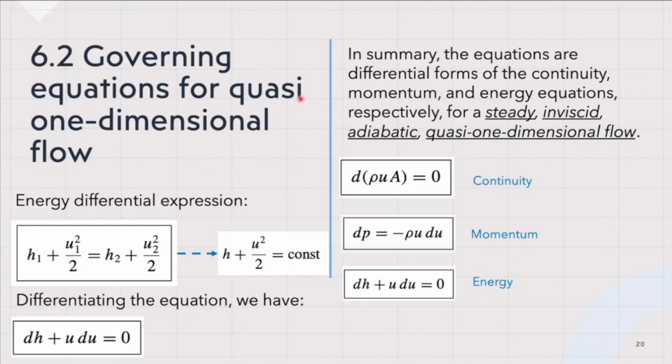So in summary, we now have the differential forms for the continuity, momentum, as well as the energy equation respectively for steady, inviscid, adiabatic, quasi one-dimensional flow. So these are the continuity differential expression, the momentum differential expression and the energy differential expression for quasi one-dimensional flow.